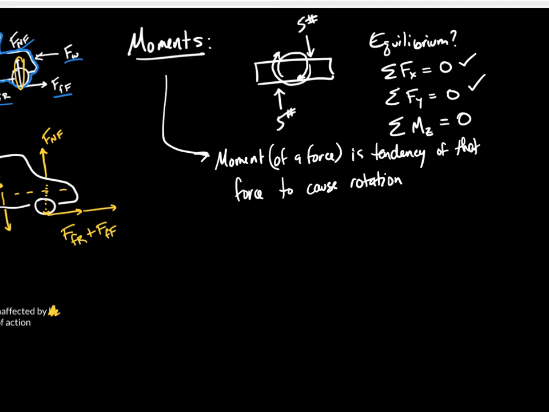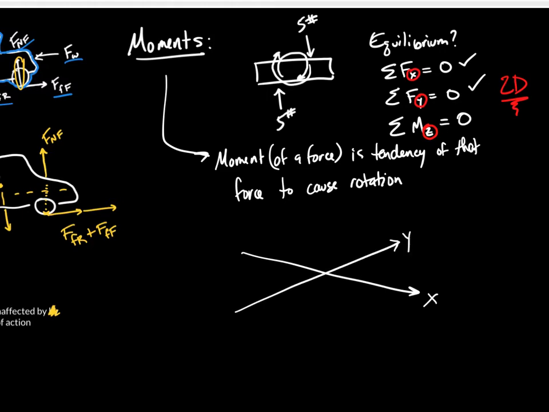I've summed the forces in the x, the forces in the y, and the moments in the z. So this is for a 2D problem. This becomes a point where we need to start thinking critically about our right-hand rule. So I'm going to draw a coordinate system, and here is my x coordinate, and here is my y. That leaves z to be vertical in this case. Now the question is, is z up or is z down? We'll come back to that in one second.